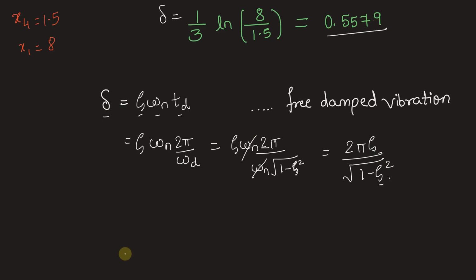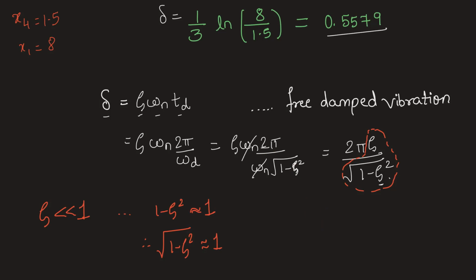Putting this value here, in the exam it will be difficult to find out zeta if we take the complete term. So what we can do is, as damping ratio zeta is very much less than 1, we can say that 1 minus zeta square is approximately equal to 1. Hence, root over 1 minus zeta square is also almost equal to 1.